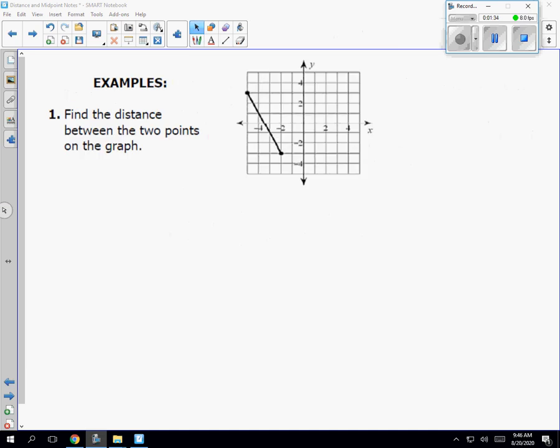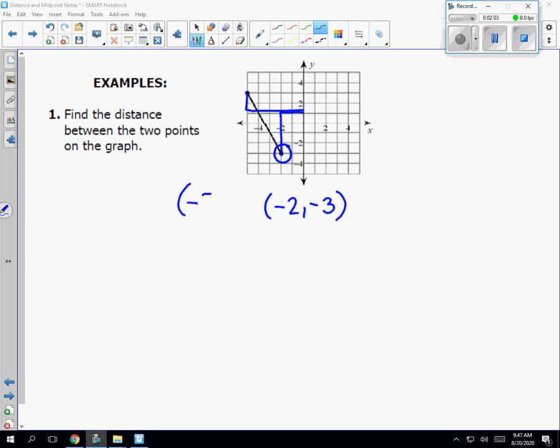So for example 1, we need to find the distance between the 2 points on the graph. So first you need to find the 2 points. So here, -2, -3, and then we also have a coordinate going -5 and then up 3.